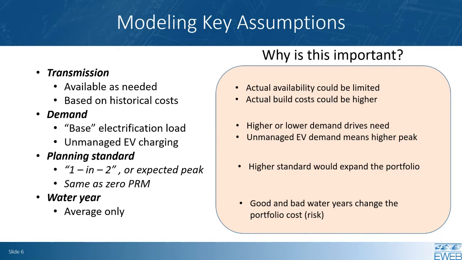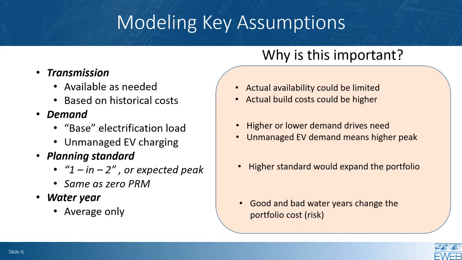So in demand, the calculated reference case portfolio uses the base case for demand that was in the electrification study that you all have seen. And this also assumes unmanaged EV charging that adds to our system peak. I point out that the forecast really starts to uptick in demand starting about 2032.